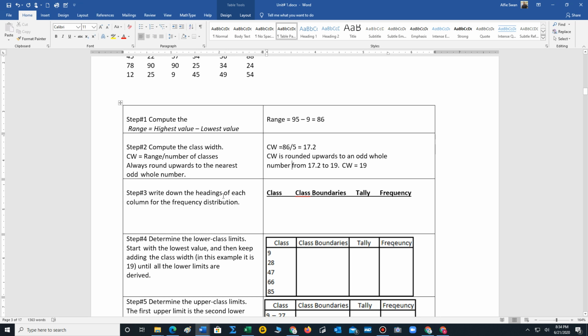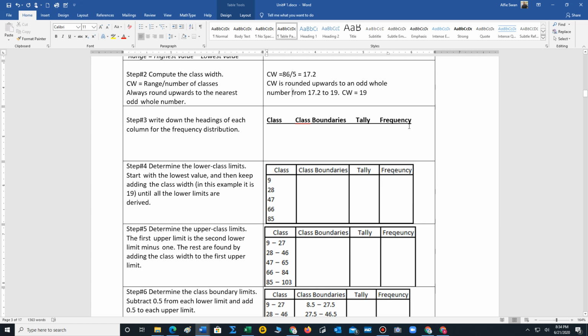Step 3, we write down the headings of each column for the frequency distribution. Class, class boundaries, tally, and frequency. Step 4, determine the lower class limit. So our first step in building our classes is to determine the lower class limits. We always start with the lowest value.